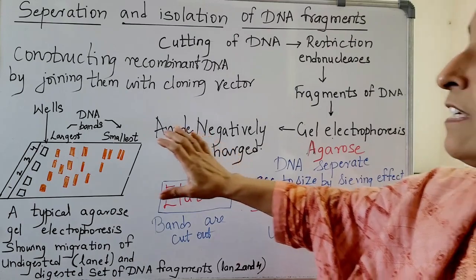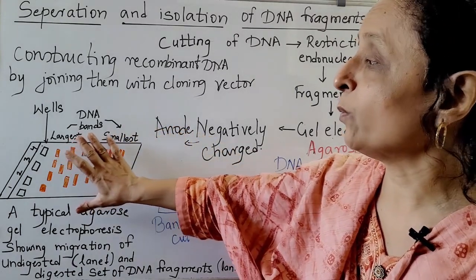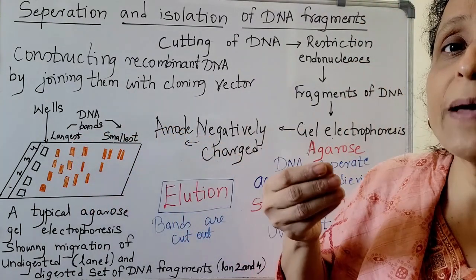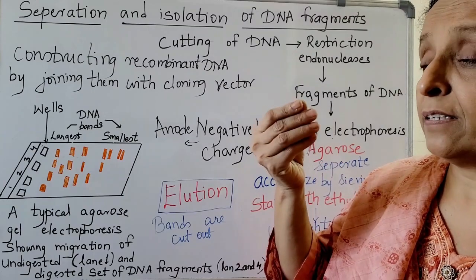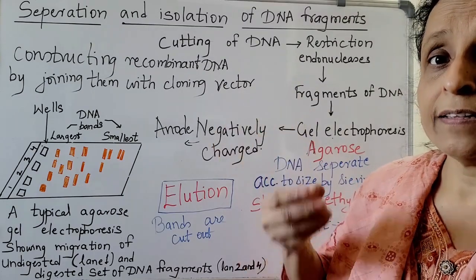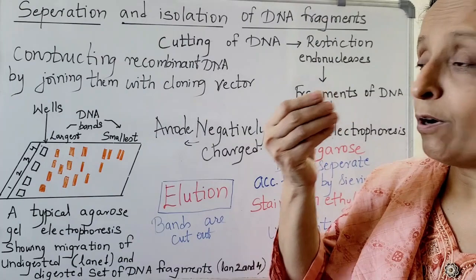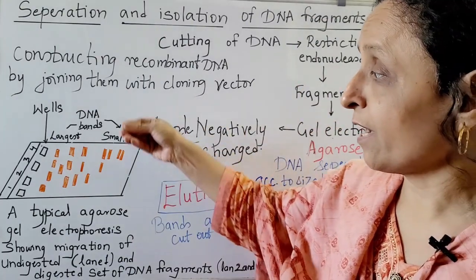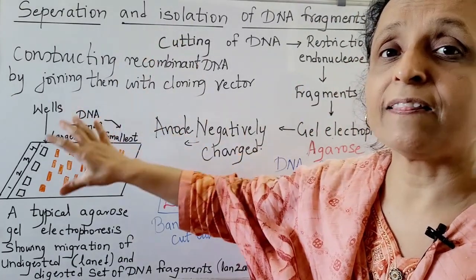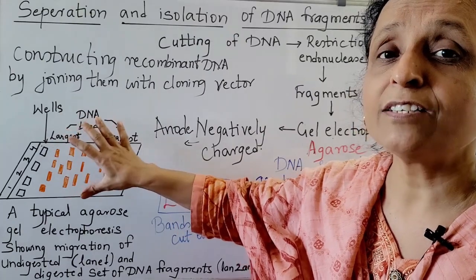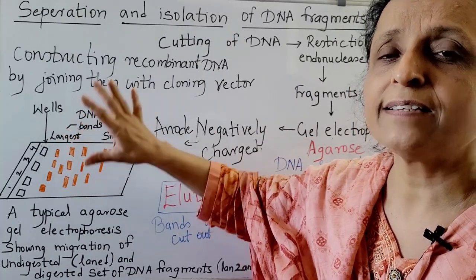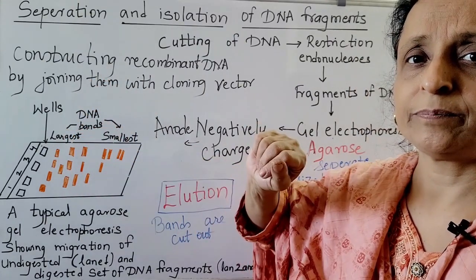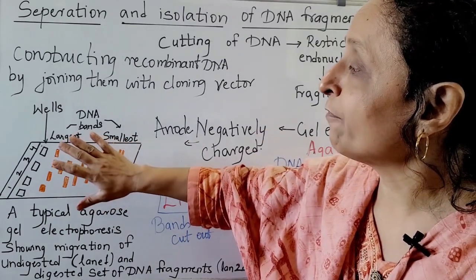So you can see this tray which is filled with agarose. It's a matrix. It is derived from algae. The polysaccharide derived from the algae is utilized as the gel, as the matrix.